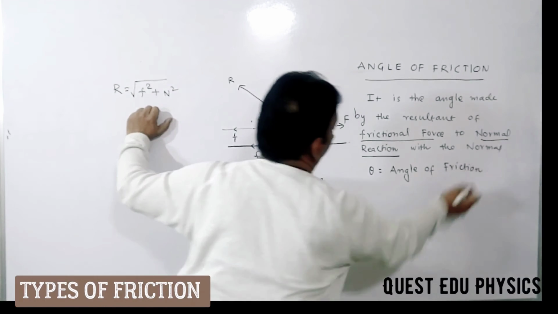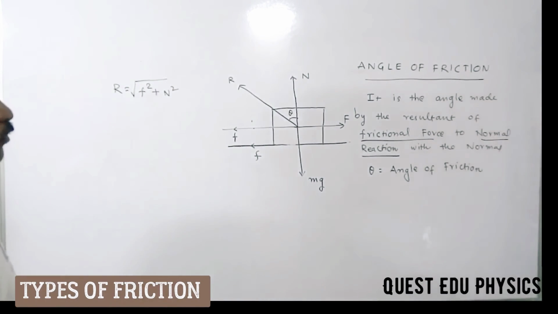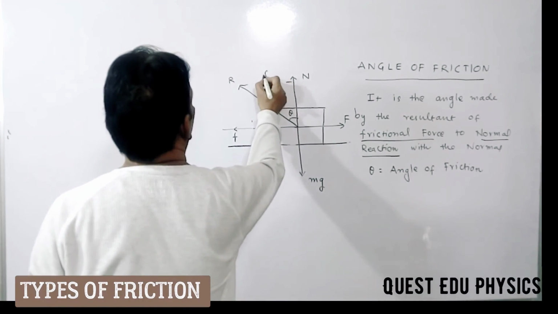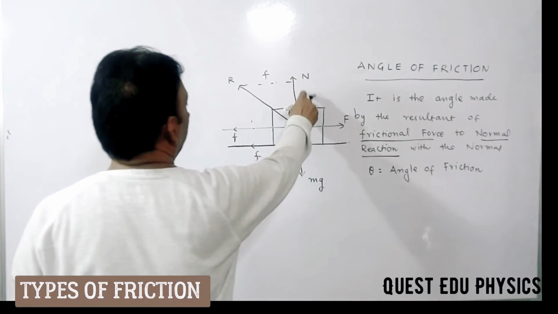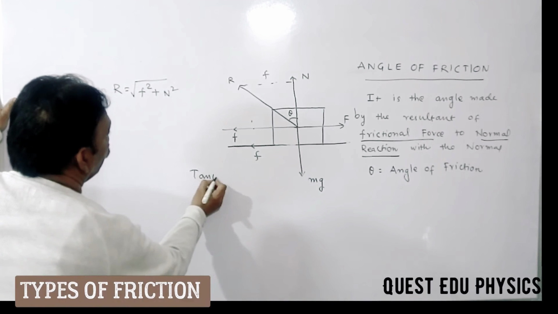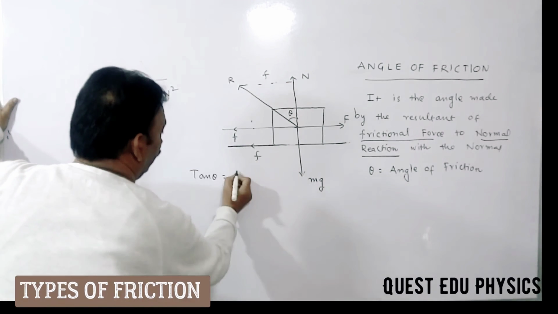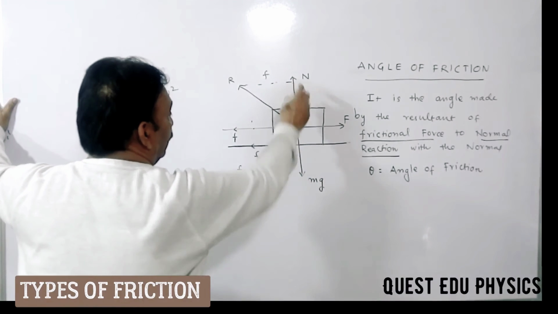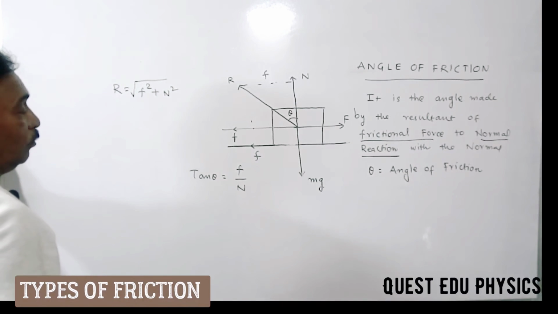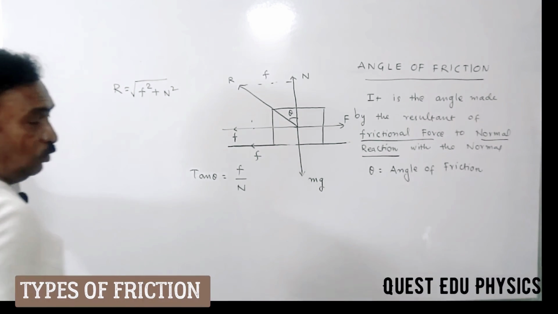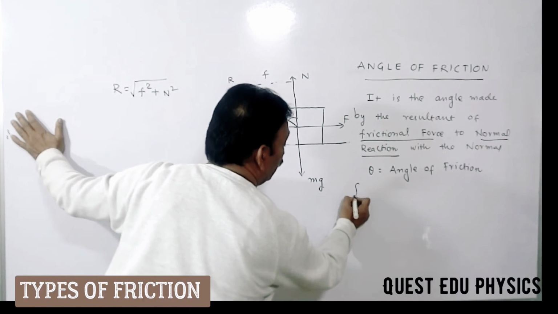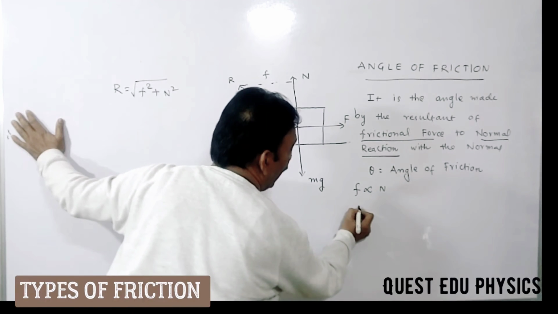Then how do we get the value of theta? See, here is F, which is the frictional force, and here is the normal reaction. Then you can write tan theta is equal to F by N. But we learned that frictional force is directly proportional to normal reaction.